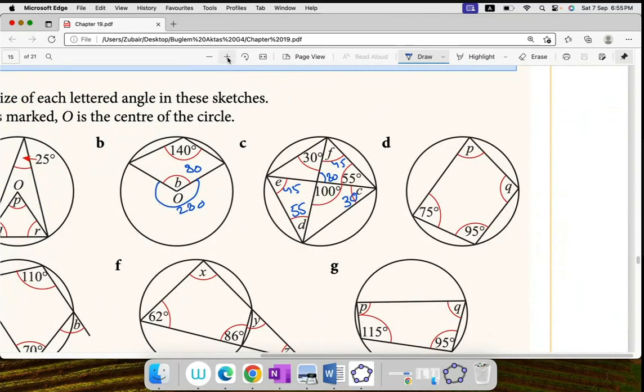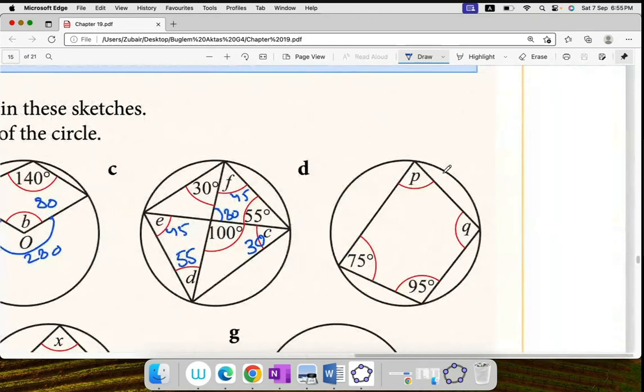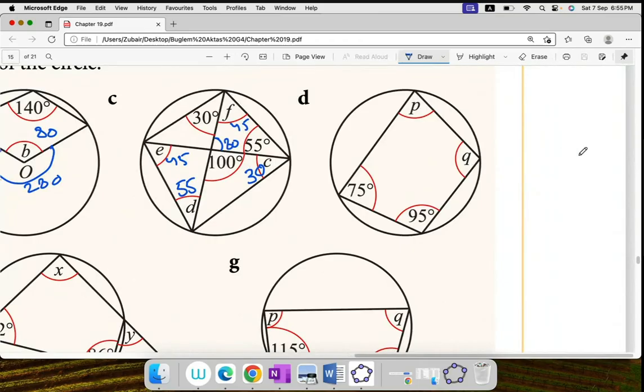Try the D part, doctor. Q is 75. No, Q is not 75.